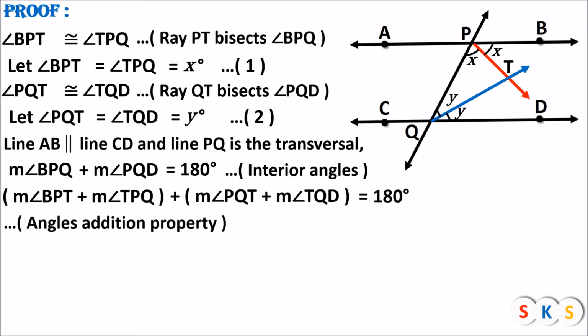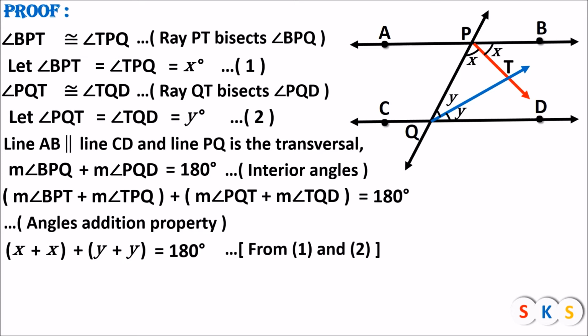Now at the place of BPT, we can write x from equation number 1. At the place of TPQ also we can write x from equation number 1. And at the place of PQT, we can write y. At the place of TQD, we will write y, using equations 1 and 2. So we will get here 2x plus 2y equals 180 degree.